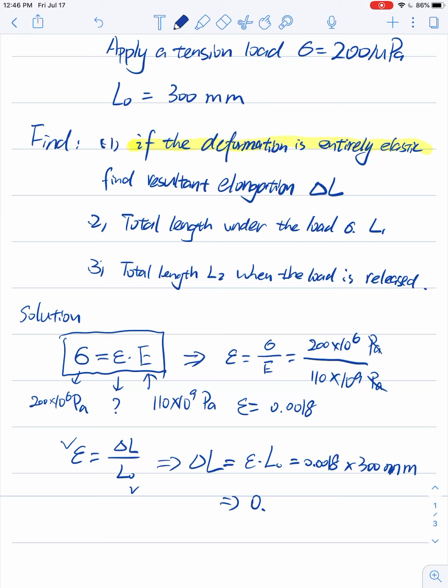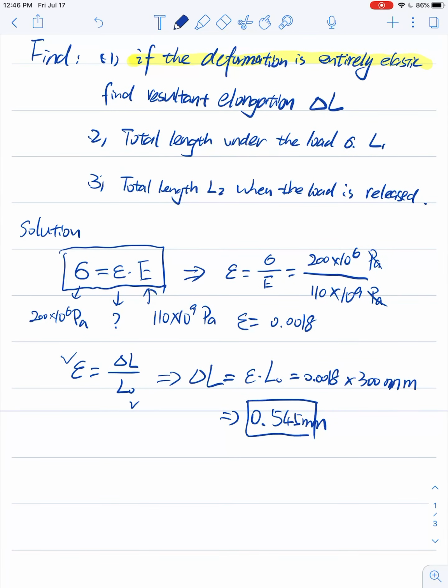And we can find out the resultant elongation. It's 0.545. The unit is millimeter. And this is the result for the first question, the resultant elongation.